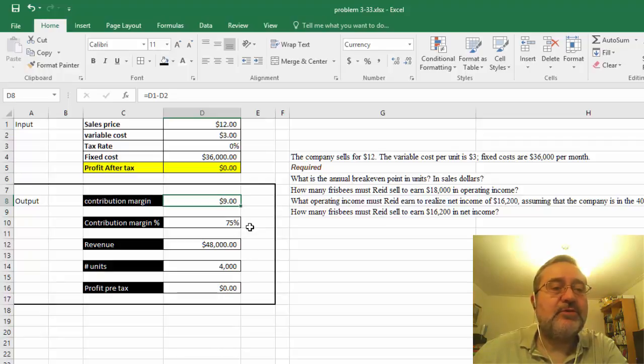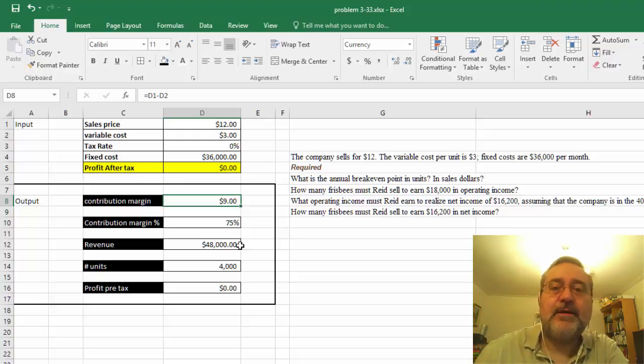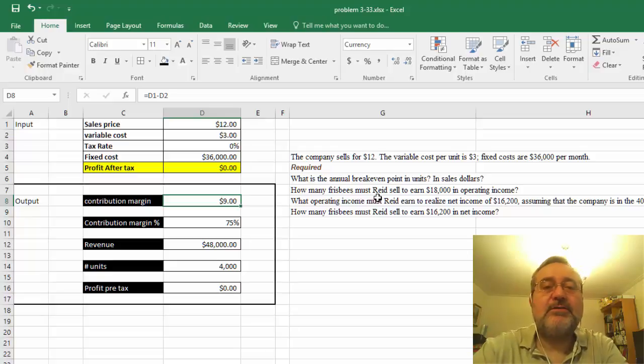Contribution percentage is 75%. The number of units is 4,000 units, and the revenue is going to be $48,000, given the number of units, which is 4,000, times the sales price. Now, let's look at the rest of the problem and see what we can come up with.